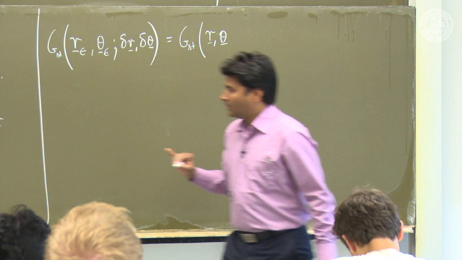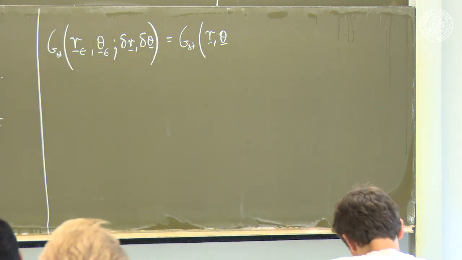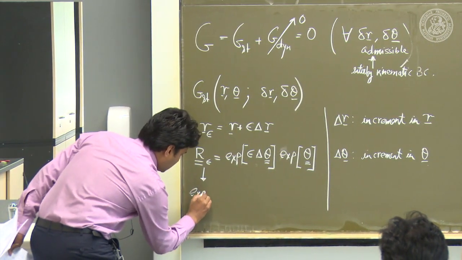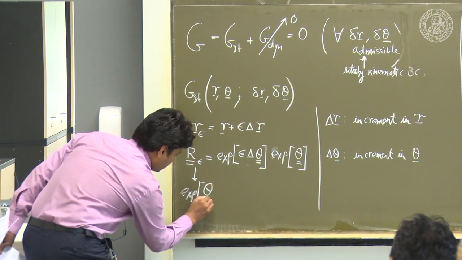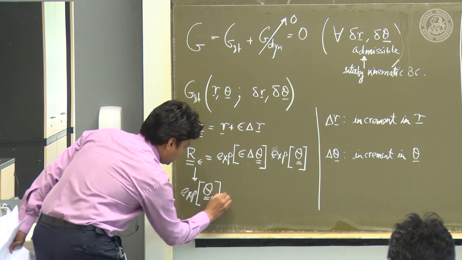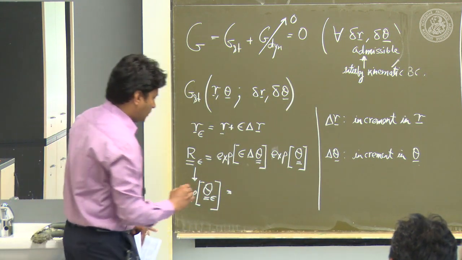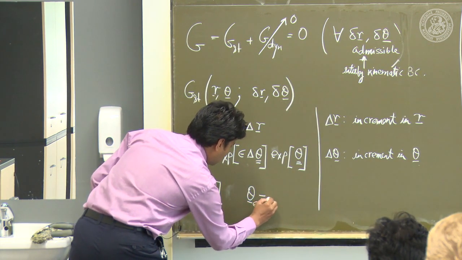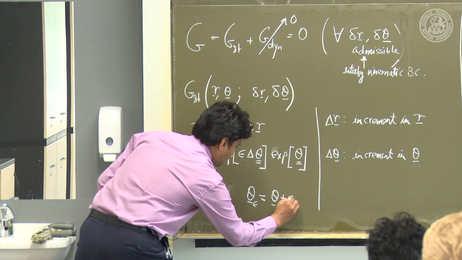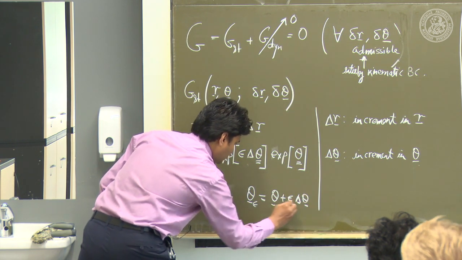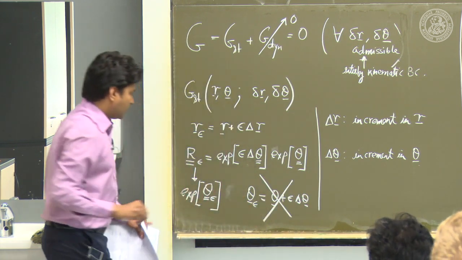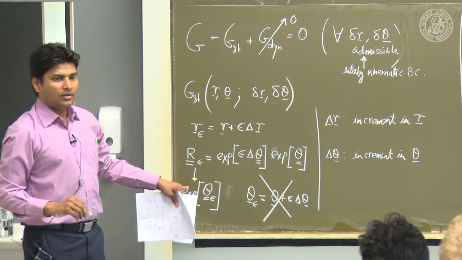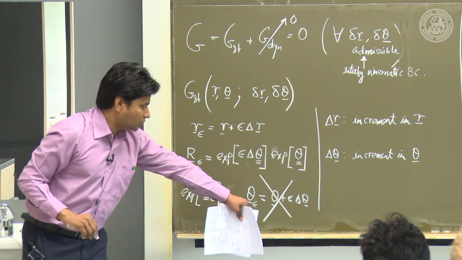Okay. I can maybe further write it down that this big R epsilon is exponential of theta epsilon. So, you see, therefore, we can't say that theta epsilon is equal to theta plus epsilon delta theta. So, that is wrong, because it is the exponentials which are related this way. And this is without the exponential. So, you can't write this.